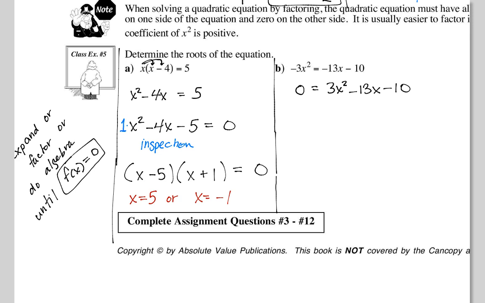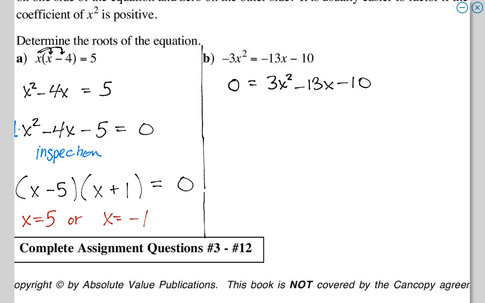Now, is this inspection? No, because there's a 3 here. If it's a 1, you're good. If it's a 3, you got hard work to do. We can't do any GCF because 13 is prime.